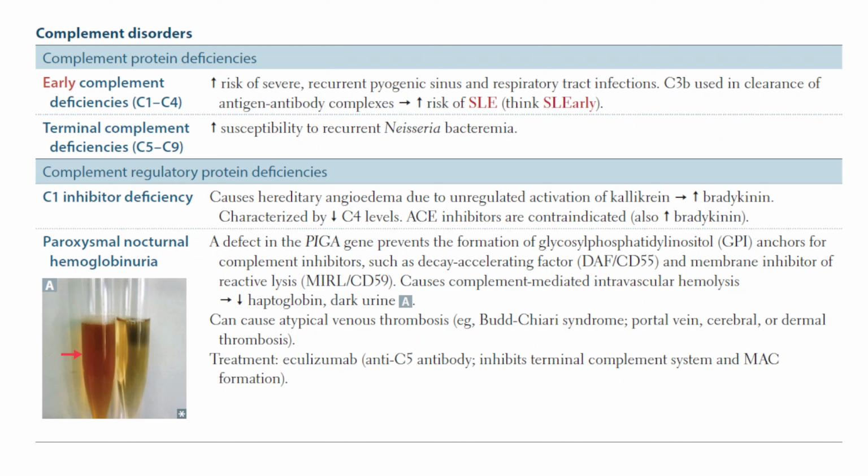The mutation of PIGA leads to paroxysmal nocturnal hemoglobinuria. We're going to call it PNH. It's a rare acquired hematological disorder characterized by episodic hemoglobinuria and anemia due to red cell lysis.